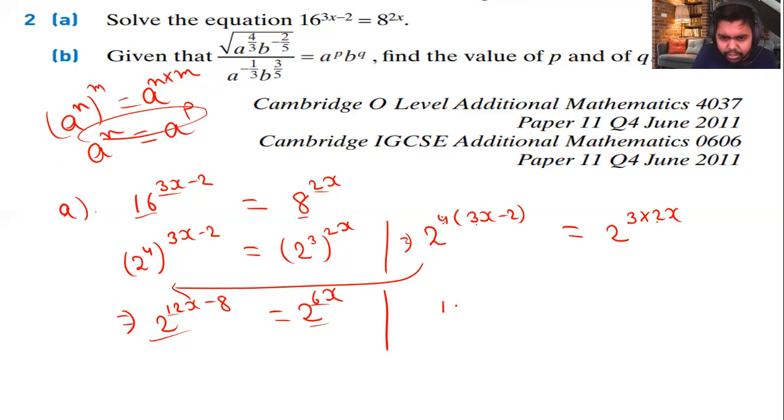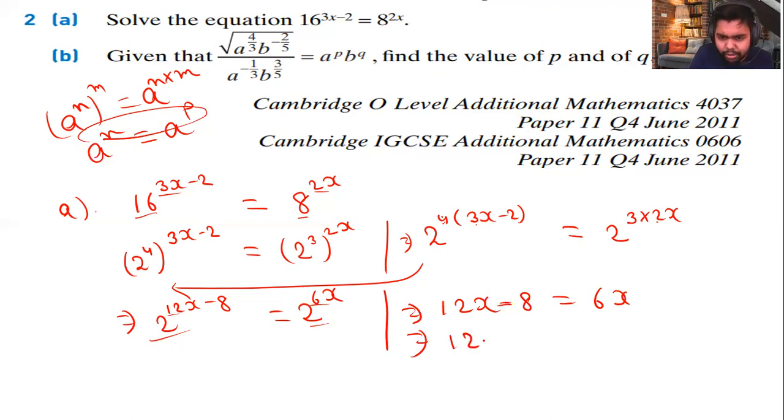So I'm going to write 12x minus 8 is equal to 6x. Now, I believe you must know how to solve linear equations, because this is very simple. So now we are going to solve this. This 6x is positive; if it is transferred to this side, it becomes negative.